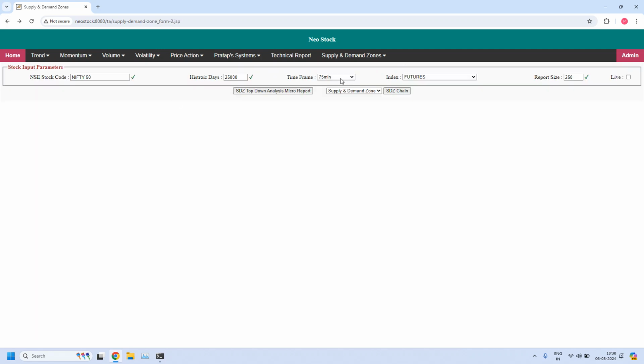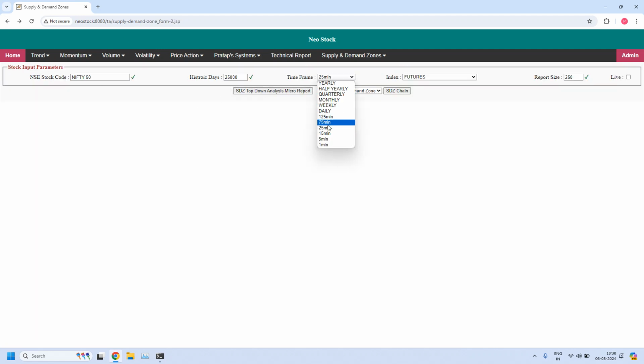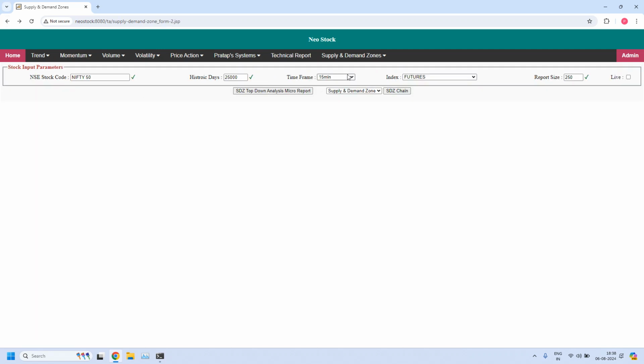The next time frame is 25 minutes, generating the 25 minutes supply demand zone chain for Nifty. And the next time frame is 15 minutes. I am generating the 15 minutes supply demand zone chain for Nifty. And the next time frame is 5 minutes. I am generating the 5 minutes supply demand zone chain for Nifty.